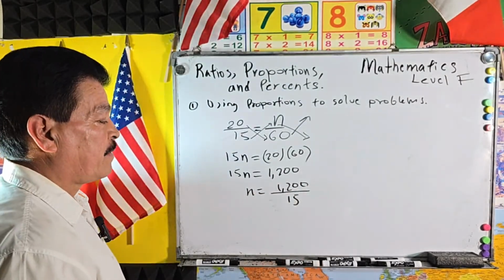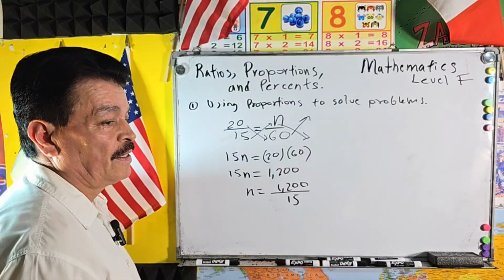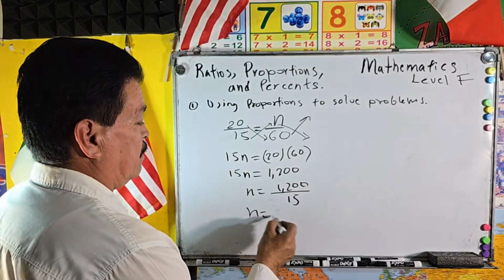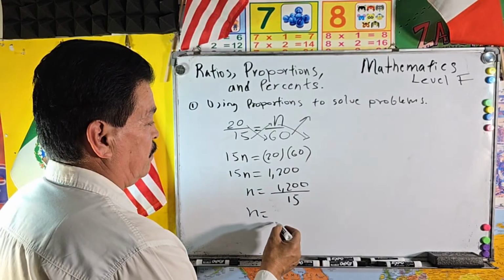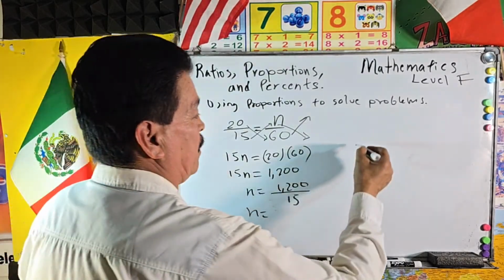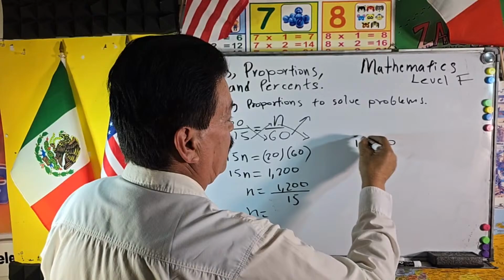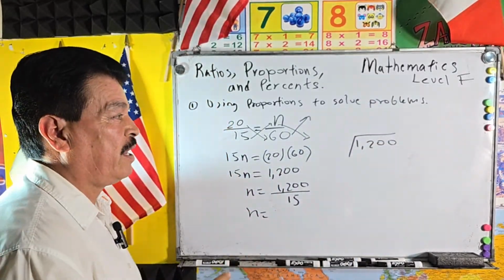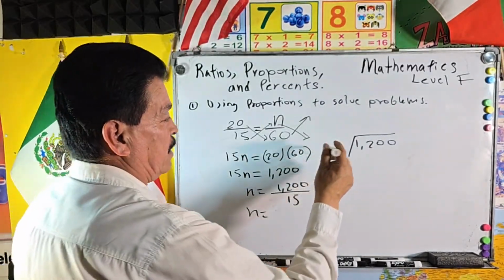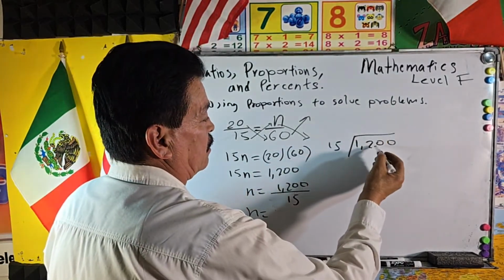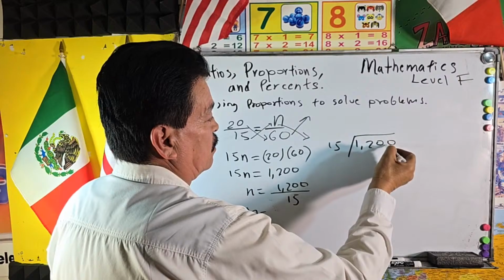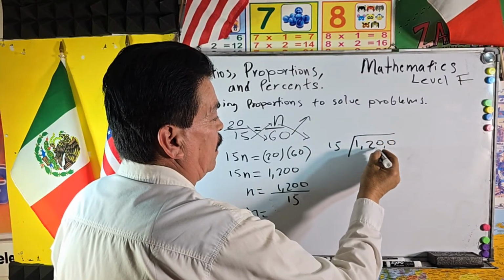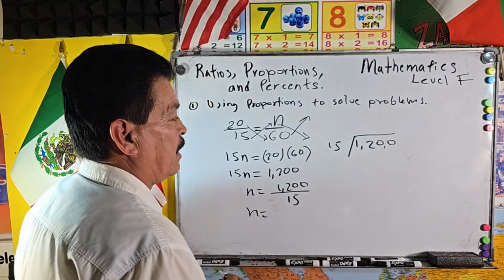How much is n? Just divide 1,200 by 15. Remember, this is level F. It's very simple, very low level, but we have to explain it. Take 120 divided by 15.